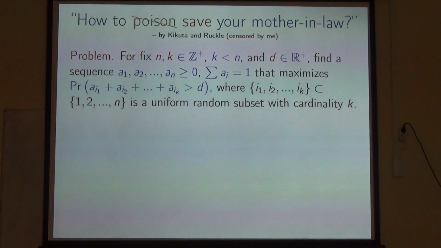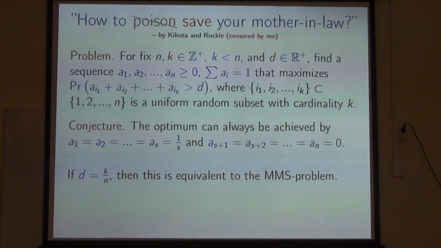The question was asked in a very similar version by these two guys. And the conjecture was that no matter what the parameters are, the optimal solution always looks like the following.